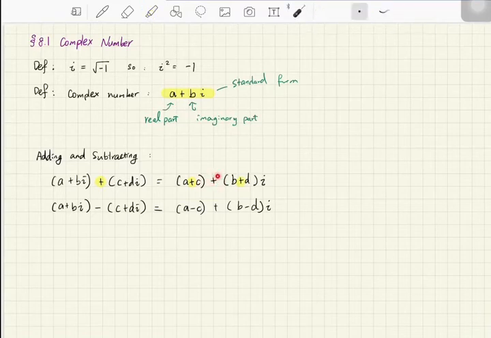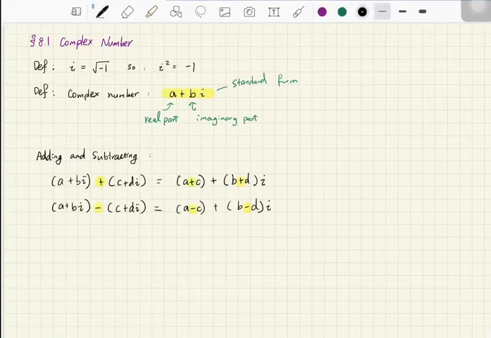The addition sign between the a and the bi in a plus bi corresponds to the standard form a plus bi. So this one is not an operation. It's just the form for the complex number. Same thing for subtraction. When two complex numbers are subtracted, the subtraction operation is actually in between the a and c and b and d.